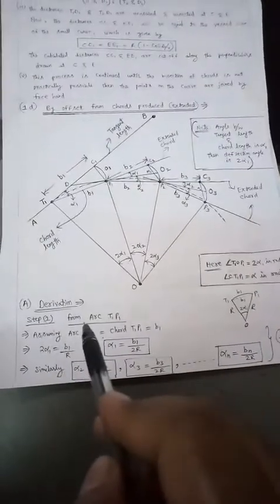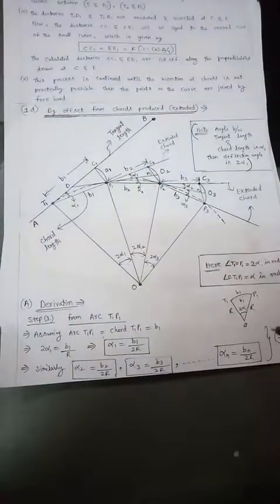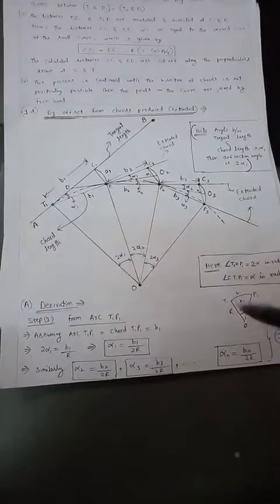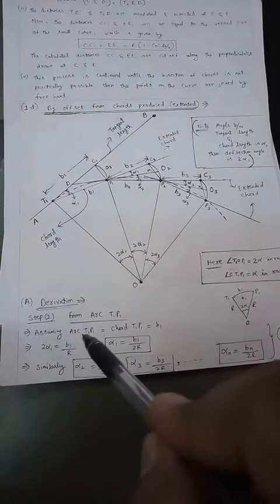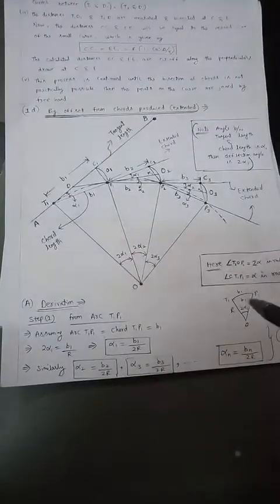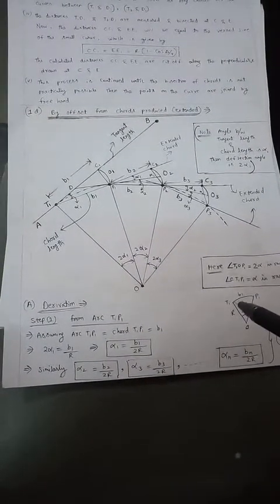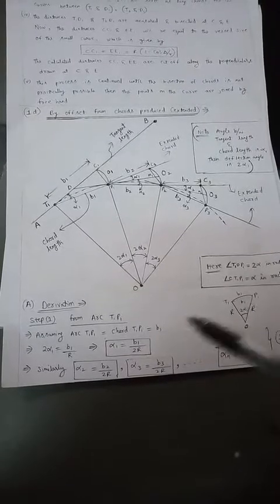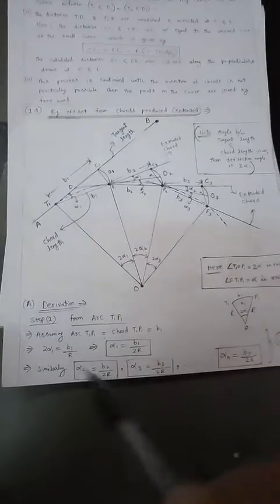So in step number 1, from arc T1 P1, it is a triangle. The inside angle is 2 alpha 1. Assuming arc T1 P1 equal to chord length T1 P1 equal to B1, equal length here.